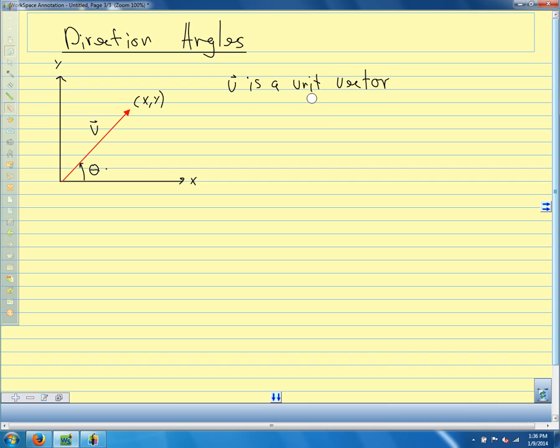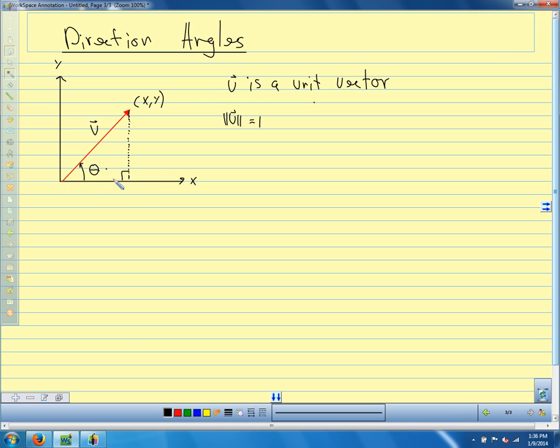So we're going to say u is a unit vector. We're going to do just like we did when we talked about the unit circle, when we talked about trigonometry. So I'm going to project that down onto the x-axis. If the magnitude of u equals 1, if the length of this hypotenuse of this right triangle is 1, what's this x component of u?